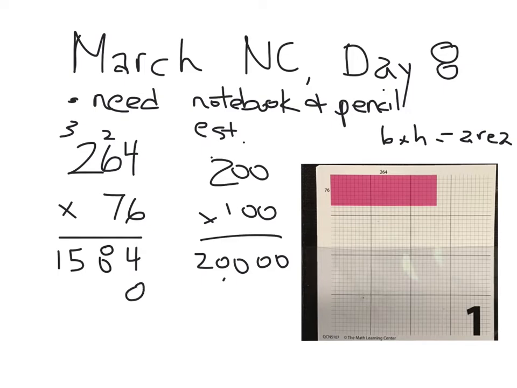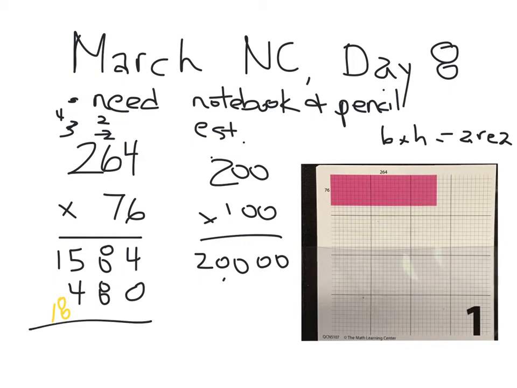I put my 0 down. 7 times 4 is 28. So again, I'm going to need 2 to carry. 7 times 6 is 42, plus 2 more is 44. Carry my 4 there. 7 times 2 is 14, and 4 more is 18.